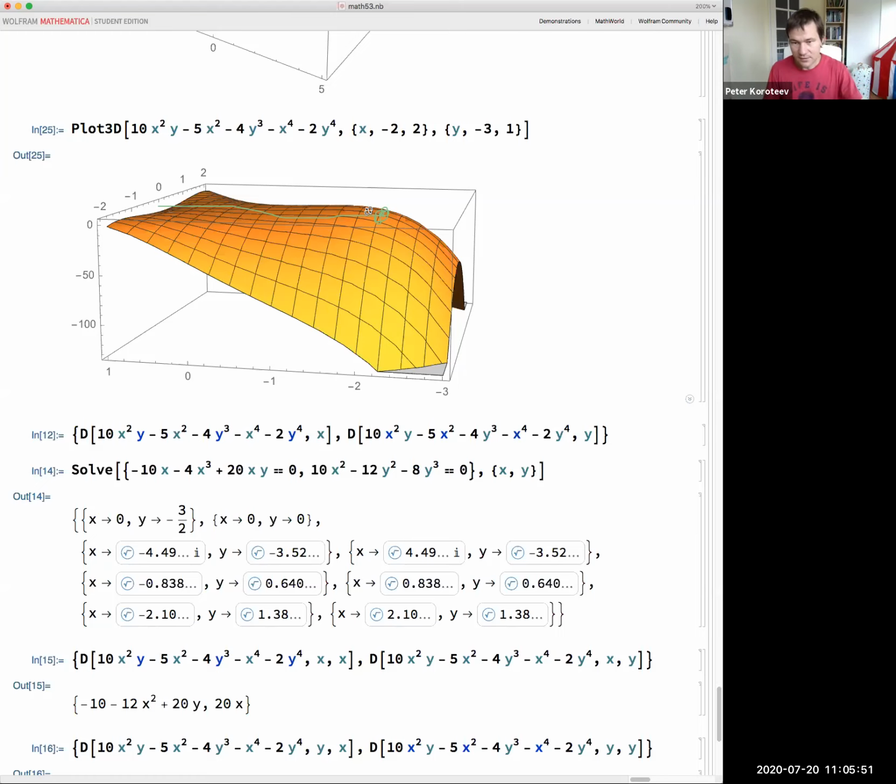Let's see what the plot looks like if we cut this graph along x equals 0, and see what happens in the y direction.